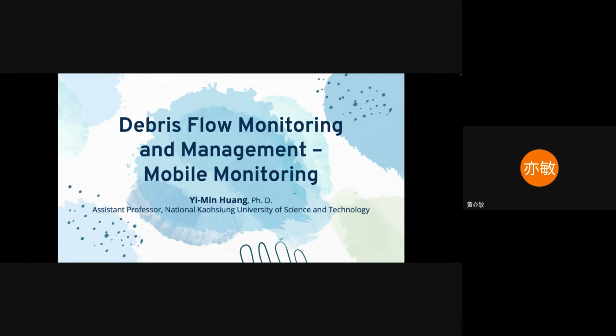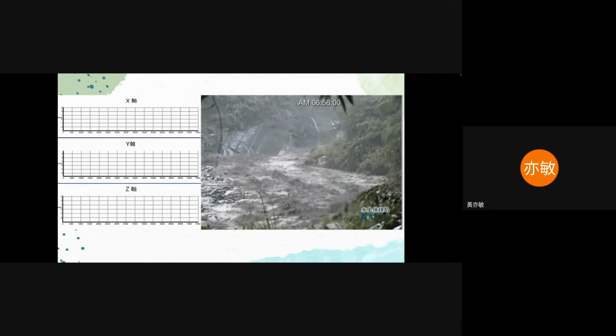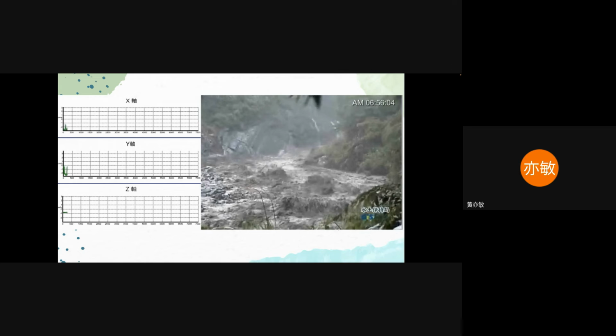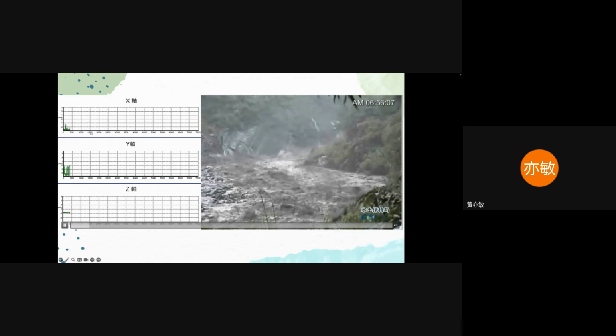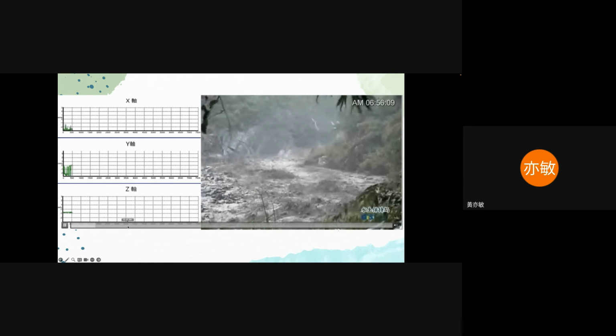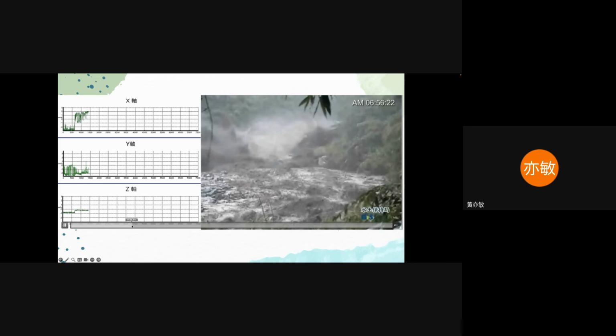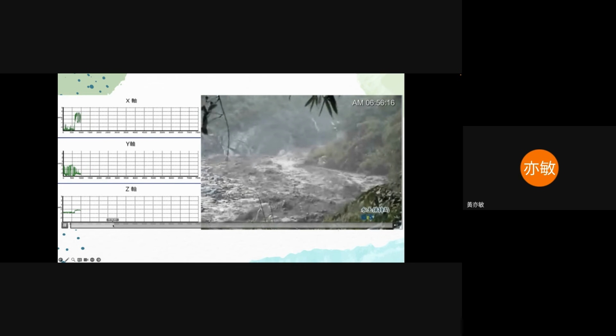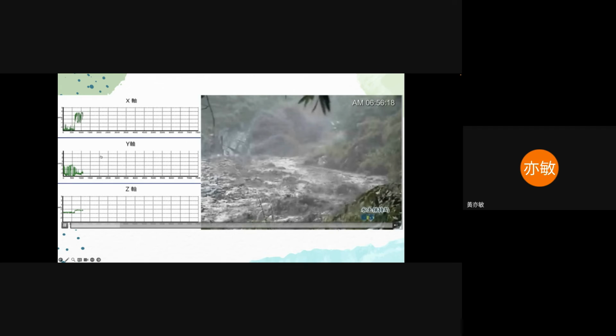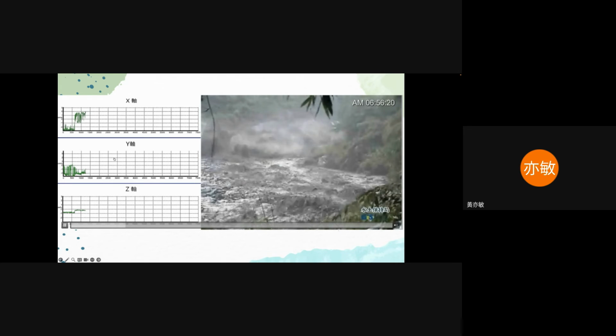The first one I want to share with you is the mobile monitoring. What does the mobile monitoring mean? Here are real debris flow videos captured on the site. The figure on your left hand is a signal from the geophone.